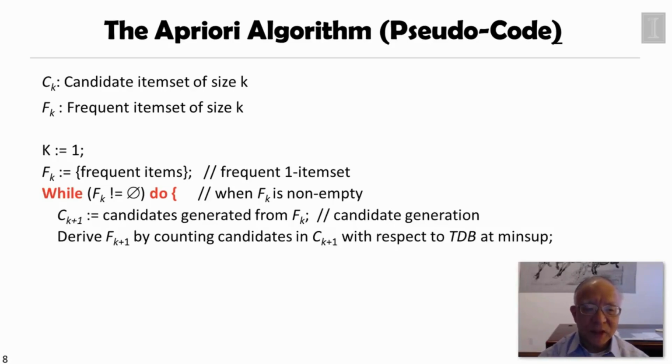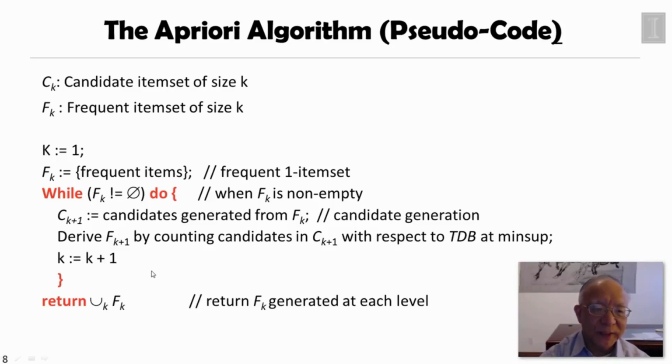Then we go against the database using the minimum support to see which k plus 1 candidate item sets are frequent. We derive the frequent k plus 1 item sets. Then we reset k to k plus 1.